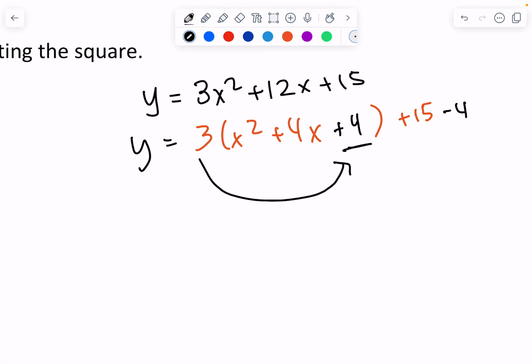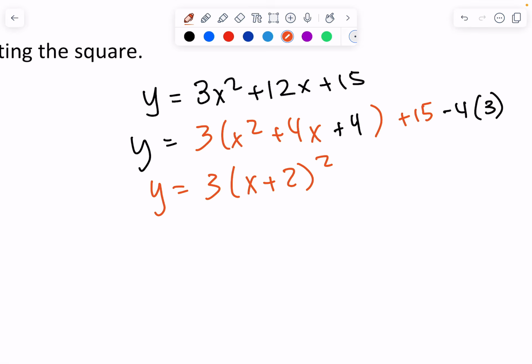So really what I'm doing when I add 4 is I'm adding 12. So if I add 12, I also have to subtract 12. Ooh, not negative. It should be just a positive 3. Okay. And now I can continue the process. We get y equals 3 times x plus 2 squared, plus 15 minus 12, which is plus 3.